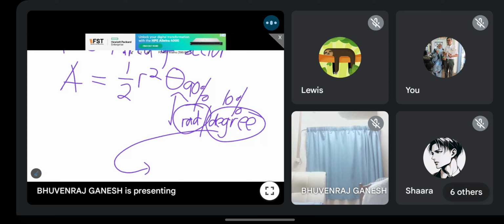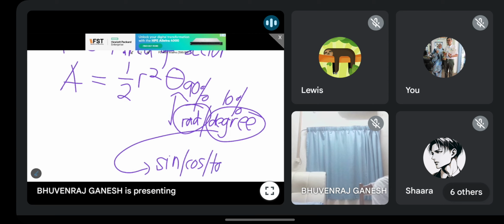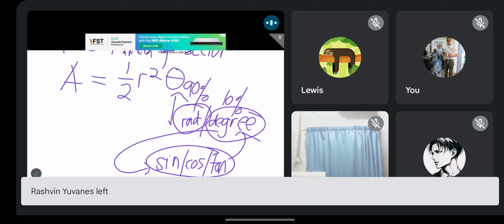Example. Yes, very good, Ife. That's the point. Whenever you see sin, cos, or tan, remember, only degree mode. Hanya unit darjah boleh. Radian cannot. If you have sin, cos, tan, radian cannot. But can actually, you must change your calculator to radian mode.